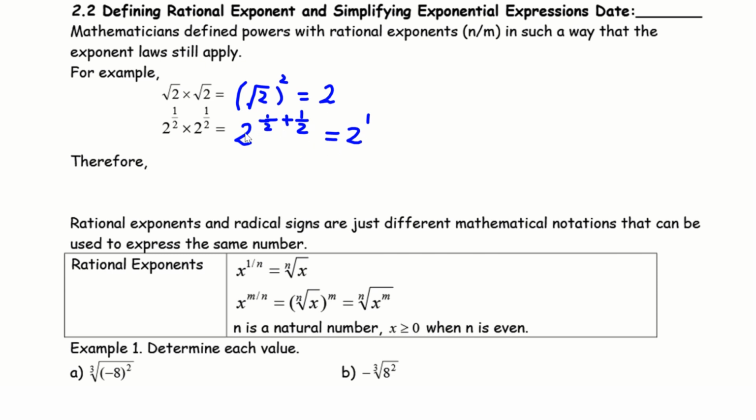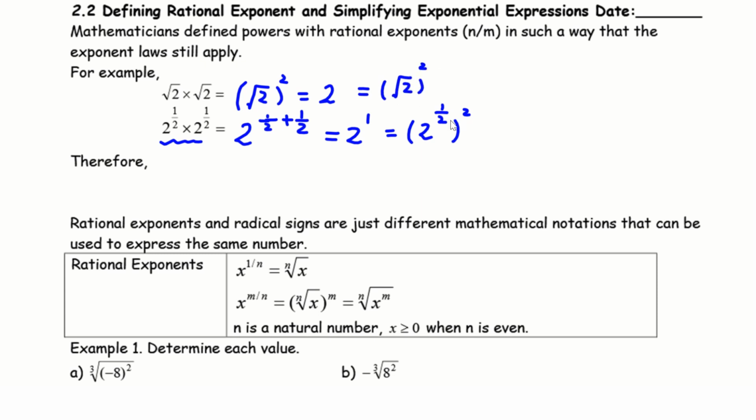And also, we could write this as 2 to the exponent 1 over 2, squared, and 2 also equals square root 2 bracket squared.